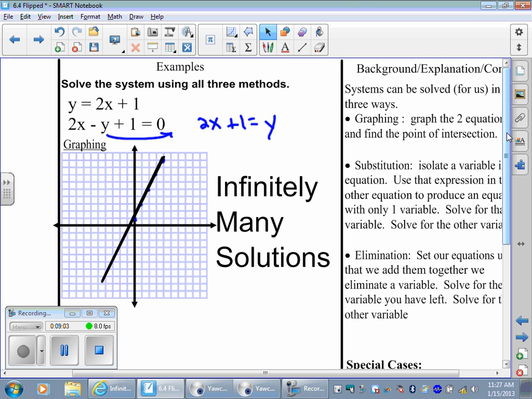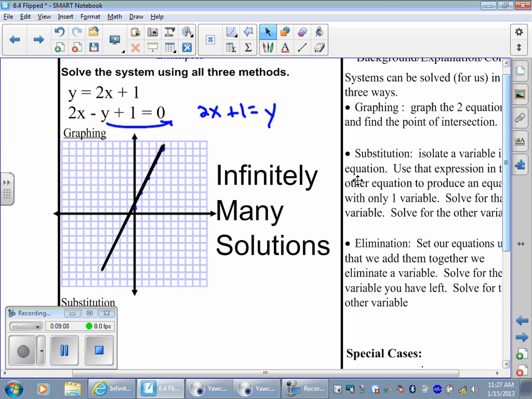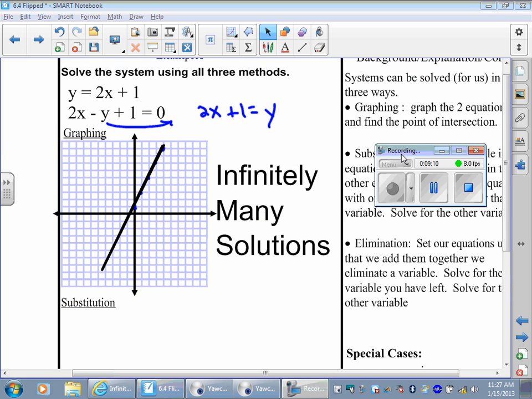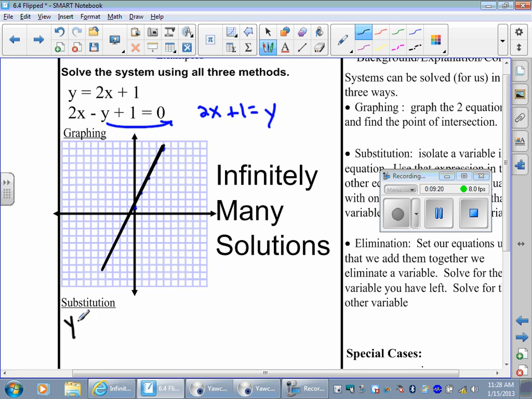And now, quickly, we want to look at what this technique looks like when we're using substitution or elimination. Remember, when we did parallel lines, our variables disappeared and we had false statements. Let's see what happens here. So let's write down our original problems again.